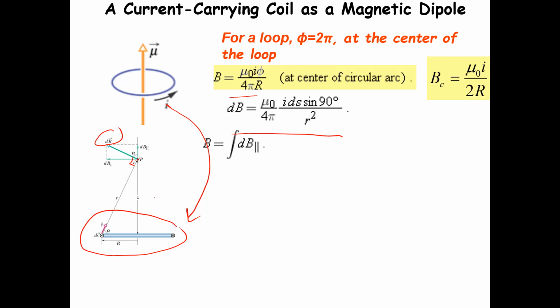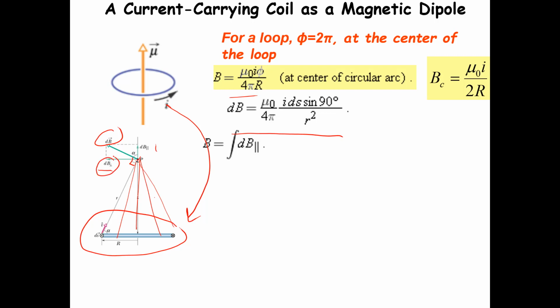This direction of dB we can decompose into an x-axis and a y-axis component. If we make a projection of all the dipoles, since the wire makes a circle, we can imagine that the x components cancel each other.